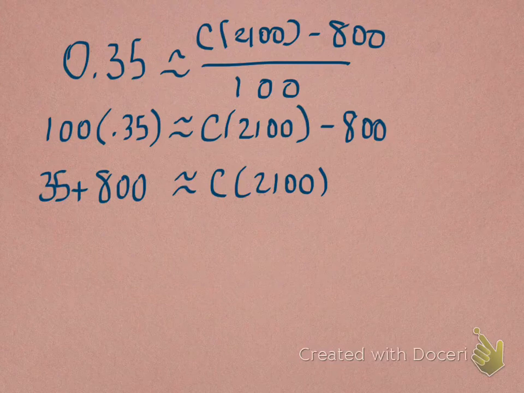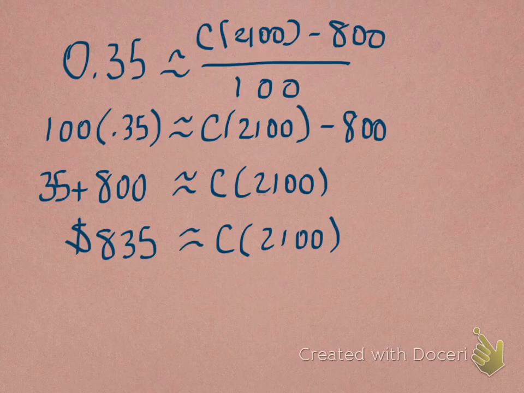I'll add that 800 to the other side, so 35 plus 800 is approximately equal to C of 2,100. So C of 2,100 is around $835. Interpreted properly, that's saying it costs around $835 to make 2,100 feet of rope.